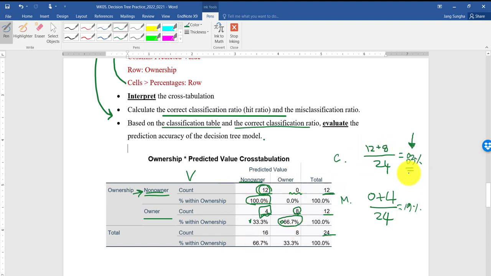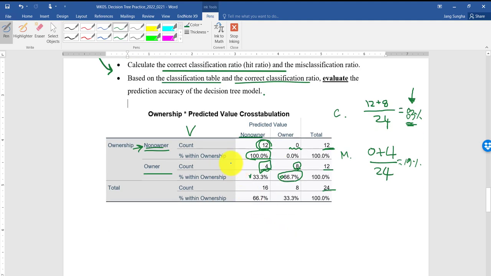So overall, I would say it totally depends on your opinion. I would say the correct classification ratio is not that high, but it's okay. But one interesting thing is, according to this model, I can predict non-owners very well, like this 100%, but I cannot predict owners correctly, with an accuracy of 66% only.